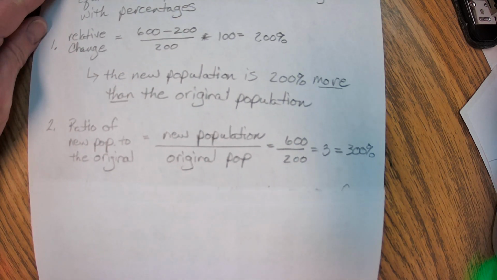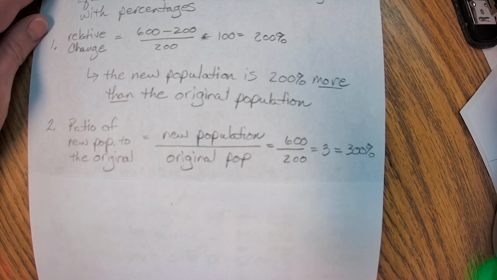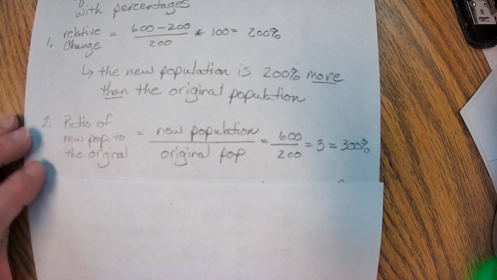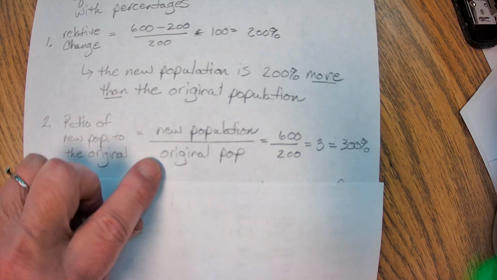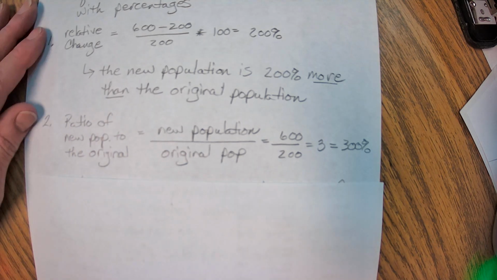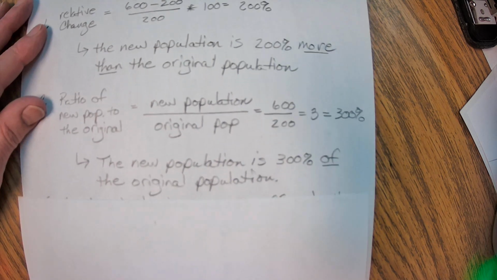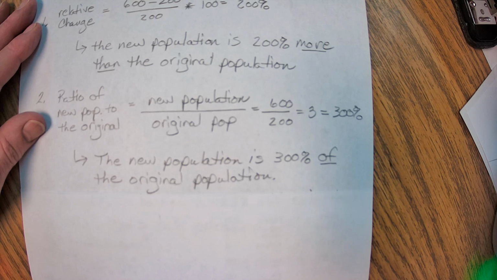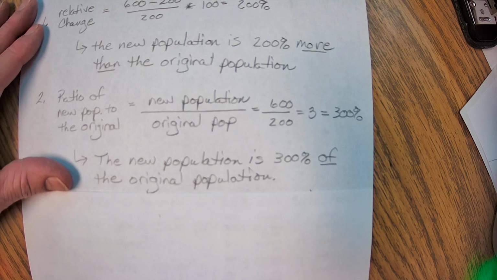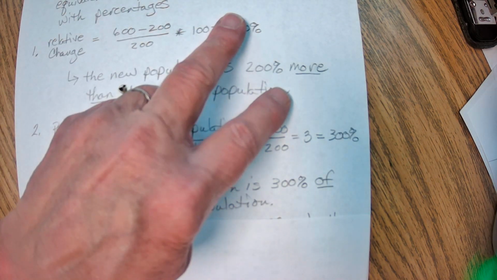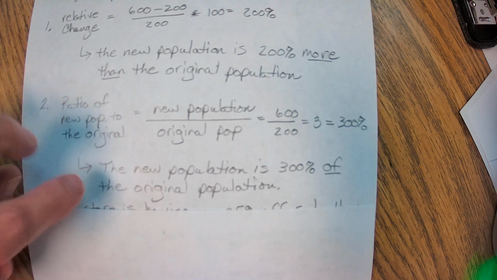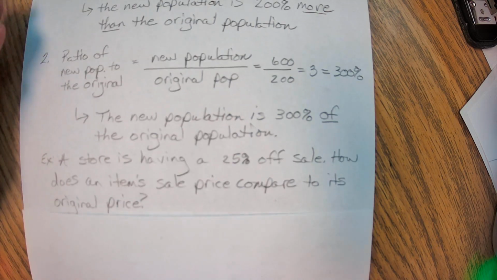And then we can also talk about the ratio of the new population to the original. The new population compared to the original is 300%. So the new population is 300% of the original population. So the relative change was 200%, and the new population is 300% of its original.